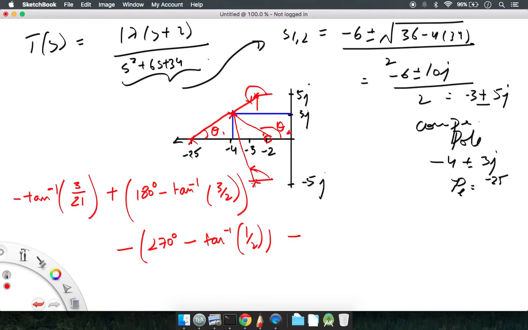And notice we have to make sure, remember, we have to calculate this pole as well. And that pole is simply going to be 90 degrees plus this little angle, and that is given by tan inverse of 1 on 10.